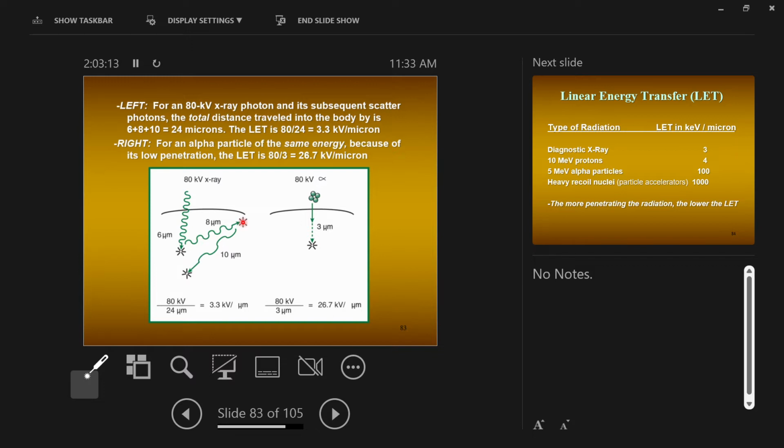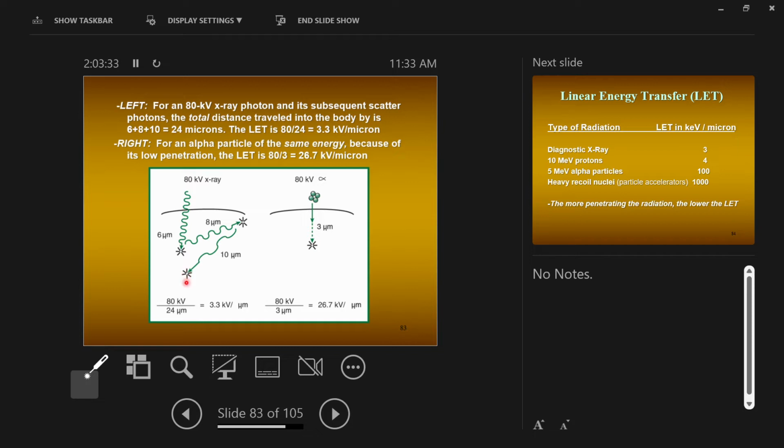Maybe this time it ran into DNA, okay? And then it scatters and travels another 10 micrometers. After that last scattering event and hitting here, whatever it hit, it lost all of its energy, okay? The X-ray photon doesn't scatter any further. It's been absorbed completely, okay?